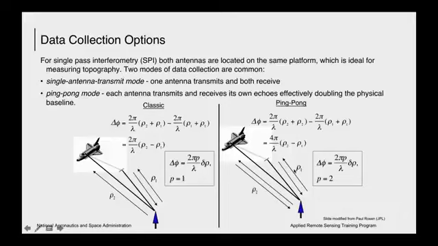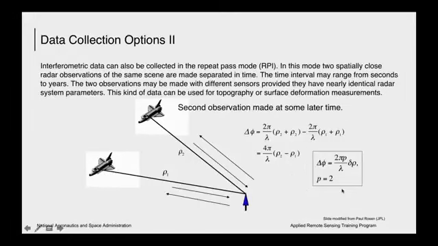That's using this equation. There are other systems, like the German Space Agency's two radar satellites, where they could have the two antennas separate on two different satellites and use a different acquisition mode called ping pong, which just changes the phase by a factor of 2 here.